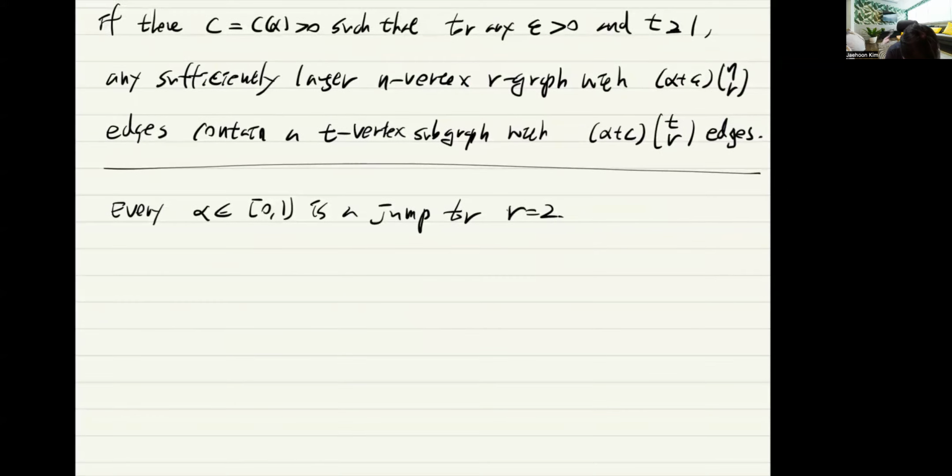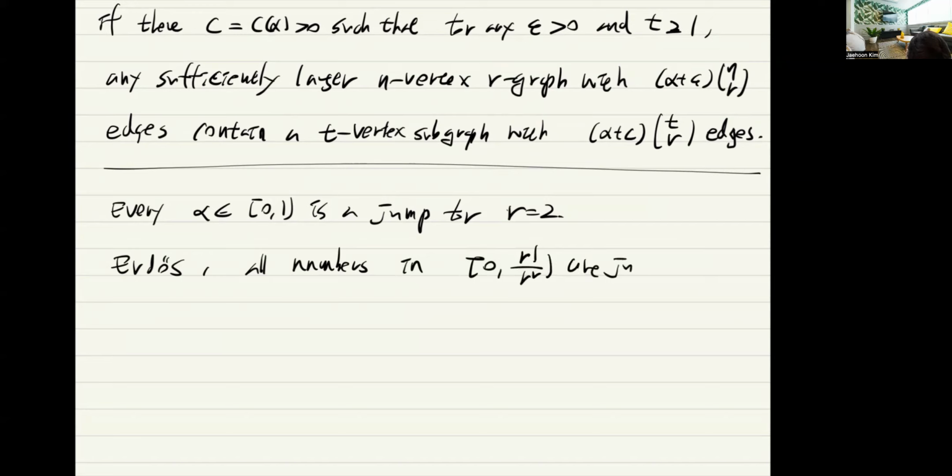Wherever you start, you can find a small interval where there are no Turan densities. And all this shows that all numbers in 0 and r factorial over r to the r are jumps.